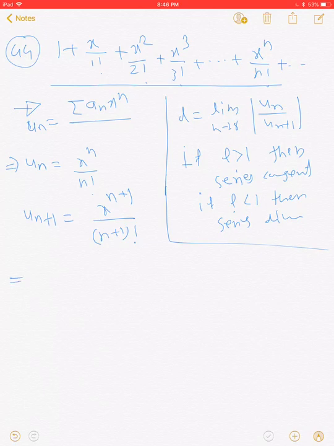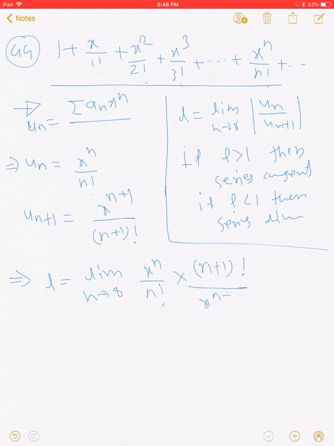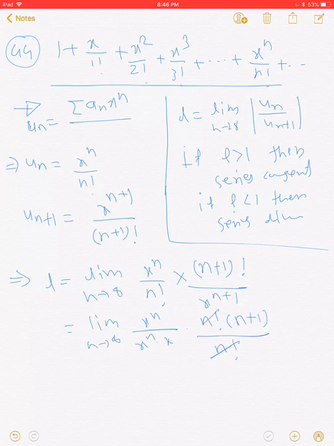So by ratio test, L is equal to limit n tending to infinity x raised to the n upon n factorial into n plus 1 factorial upon x raised to the n plus 1. n plus 1 factorial can be written as n factorial into n plus 1, so n factorial cancels, and x raised to the n cancels.